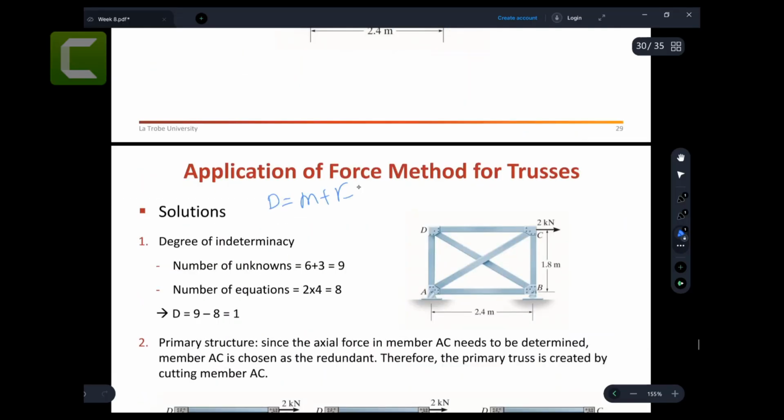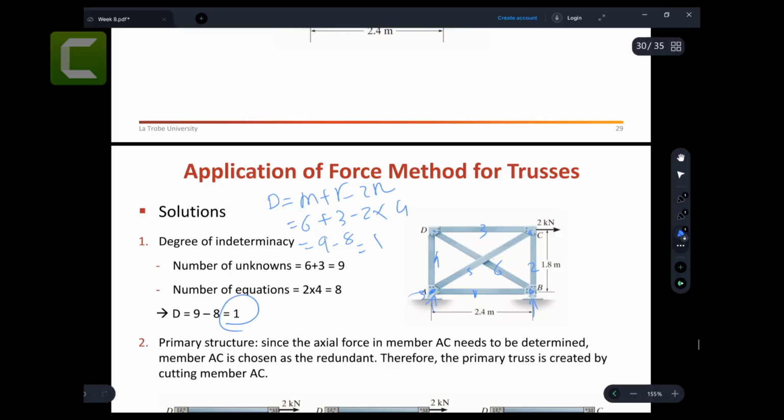How many members do you got? 1, 2, 3, 4, 5, and 6 members. So 6 members. How many reaction forces? I think 1, 2, and 3. 3 reaction forces. How many joints? Joint 1, joint 2, joint 3, and joint 4. So 9 minus 8, degree of indeterminacy equal to 1.